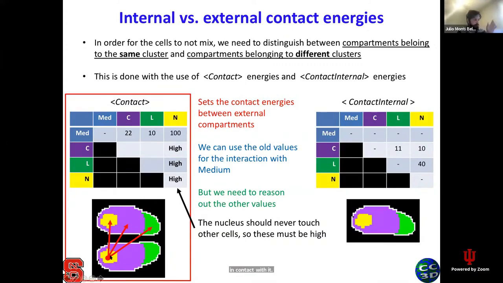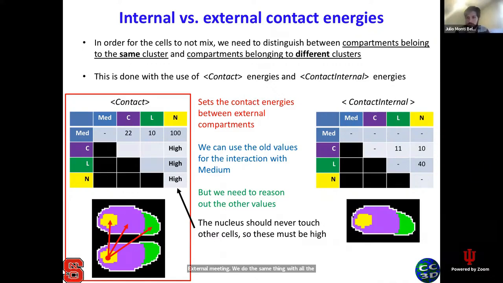Because you don't want this to happen ever, we can say that the external contact energy of the nuclei of one cell with all the compartments of a different cell should be very high. That will prevent the nuclei from ever merging with the neighboring cell, and you keep it inside the cell here. So just like what we did for the contact energy of the nucleus with the external medium, we do the same thing with all the other structures that belong to different cells.